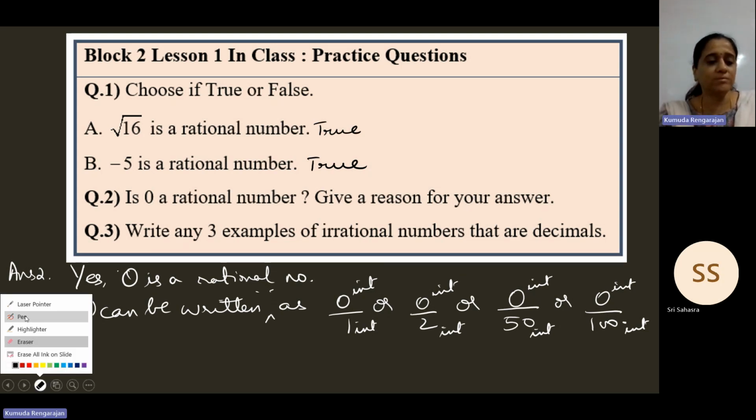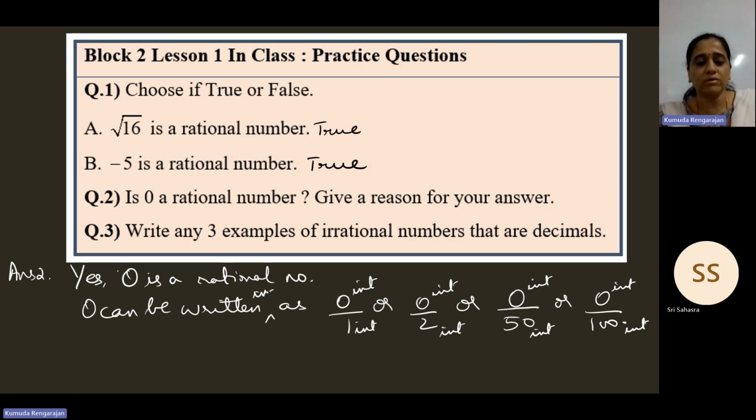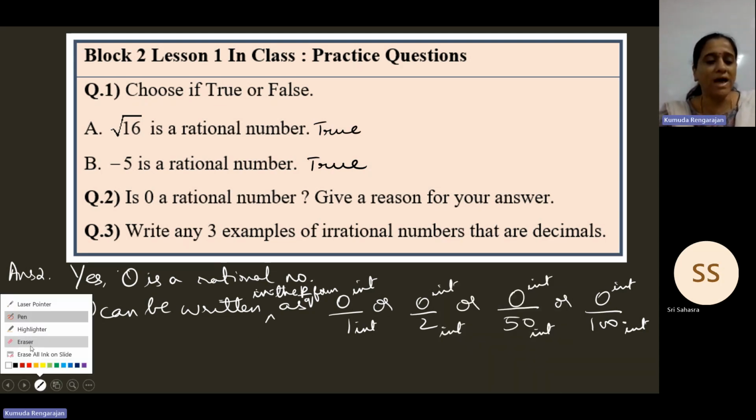This includes 0 can be written in the P by Q form as, or I'll just write it again. 0 can be written in the P by Q form as.